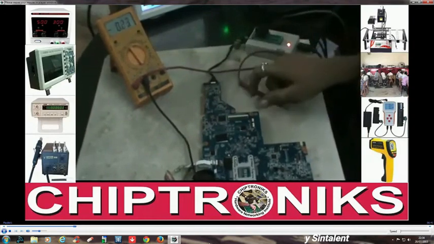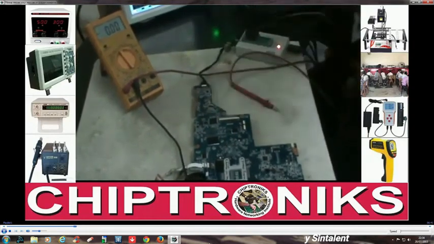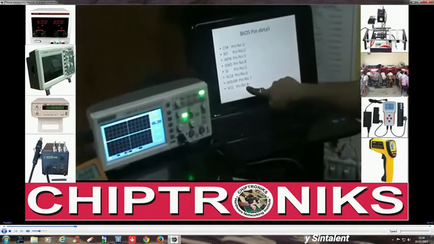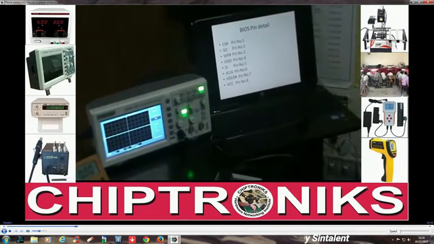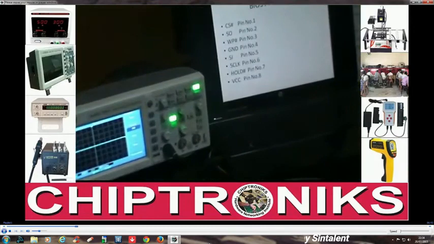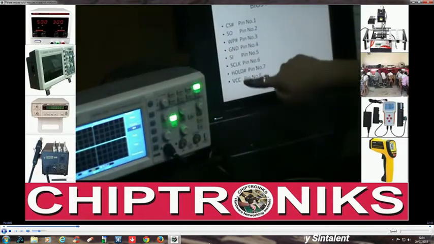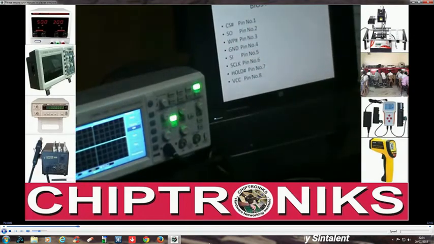If you do not receive this voltage on pin number 8, VCC, then your BIOS IC is not working, and your laptop motherboard is in dead condition. That's why these 3 voltages are required on the BIOS legs, pin number 3, pin number 7 and pin number 8. It is necessary, otherwise it will not work.